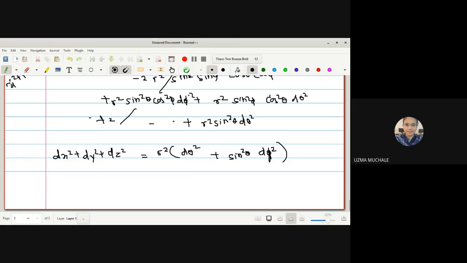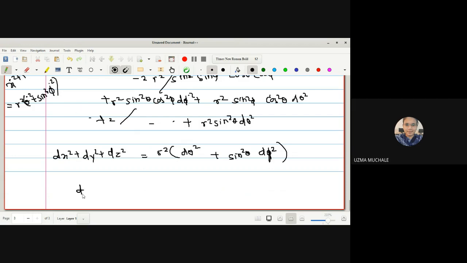What was the answer you have found? x dot square plus y dot square plus z dot square is r square theta dot square plus sin square theta into phi dot square. So जिथे डाउट आहे तिथे फक्त d theta आणि d phi लिहायचे. Okay?